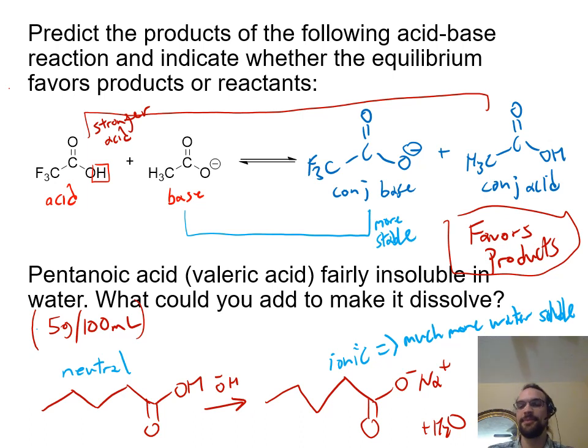I'm sure, kind of as a last example, if you've looked at labels, you've seen something like potassium benzoate or sodium benzoate. I'm going to draw it up here. So for example, sodium benzoate.